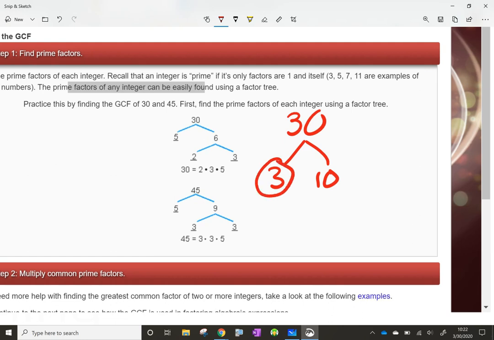I like to circle it, kind of like put a leaf on it, just to finish that branch off, because that branch is done. However, the 10 we can break down into two numbers that multiply to 10, which are 5 and 2. 5 times 2. Now the 5 can't be broken down anymore. The 2 can't be broken down anymore. They're still prime numbers. And again, you get the same result, 5, 3, and 2.